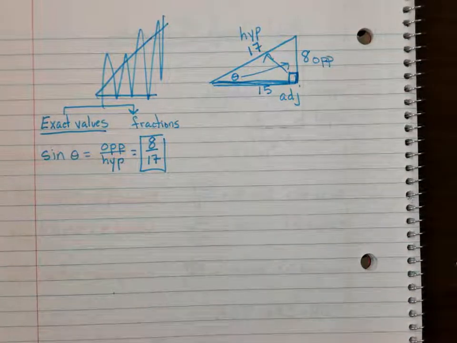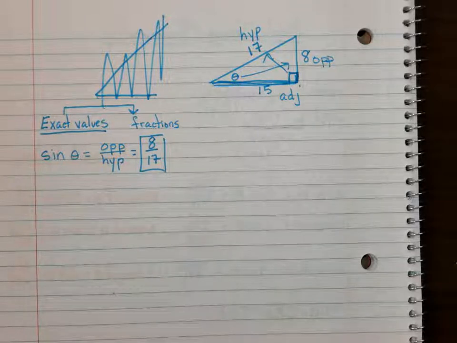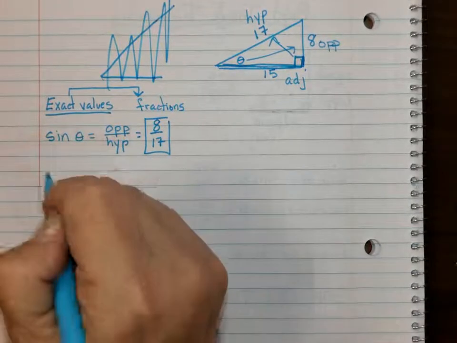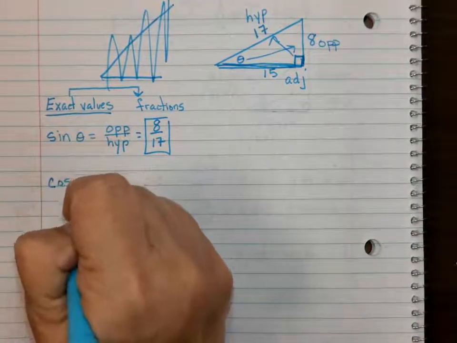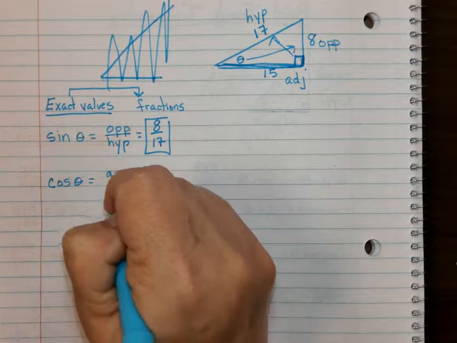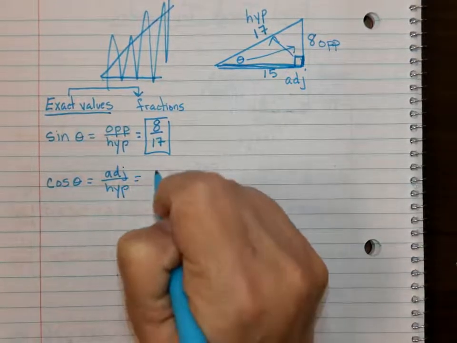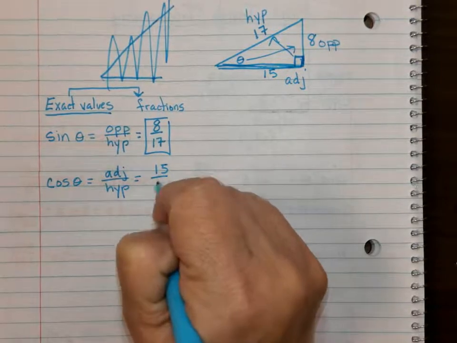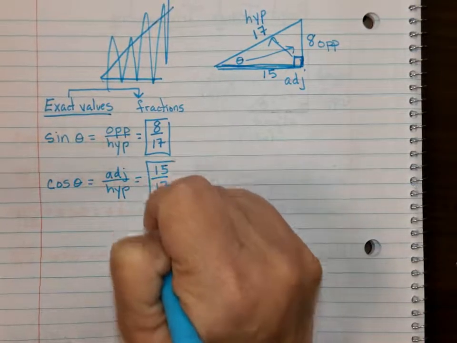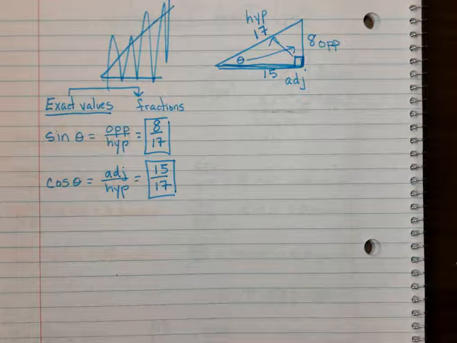Do not turn that into a decimal. If you want an exact answer, you need to leave it as a fraction. Alright, cosine of theta is adjacent over hypotenuse, which is going to be 15 over 17. Done.